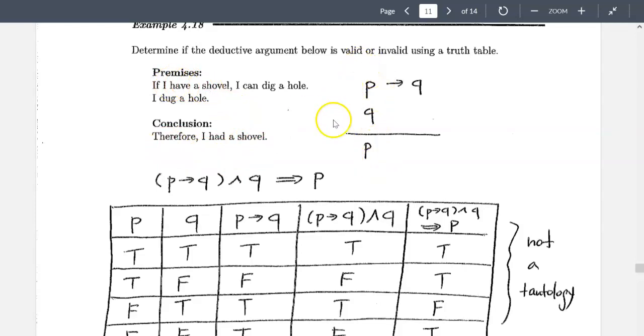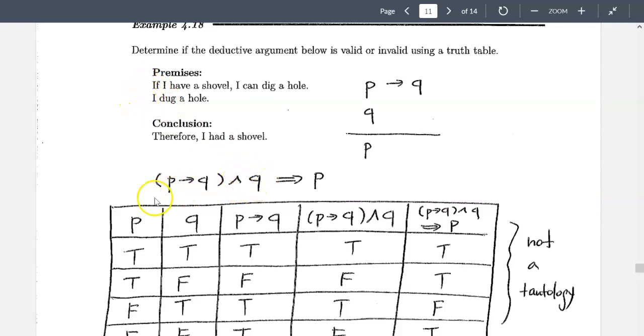Okay, so the way you rewrite this, step one is taking your argument and changing it to our logic notations, P and Q. Then how do you put all this into a logical statement? Instead of writing it this way, we can write if P then Q and Q. When we do arguments, these two are always "and."